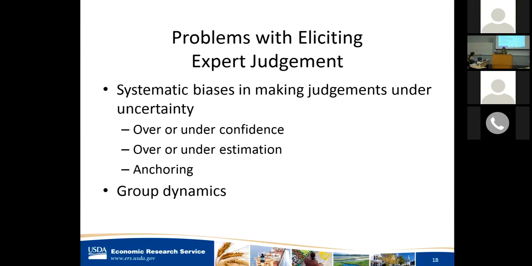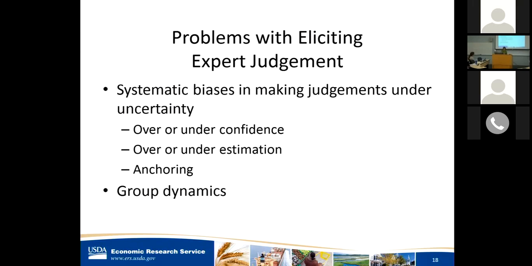In addition, if we're looking at multiple experts, there's a problem. Early studies were done by bringing experts into a room as a committee and asking them to hash out their judgments together. There's also quite a good sociological literature on the problems of group dynamics.